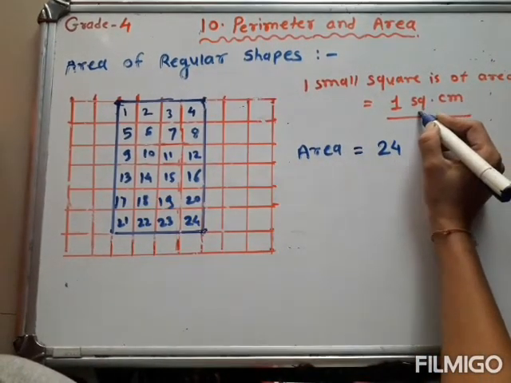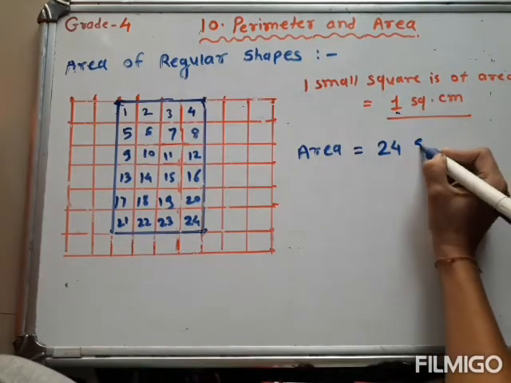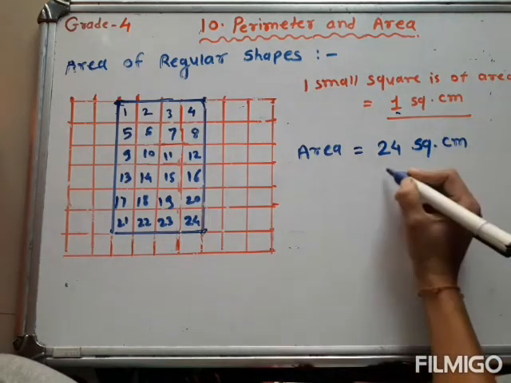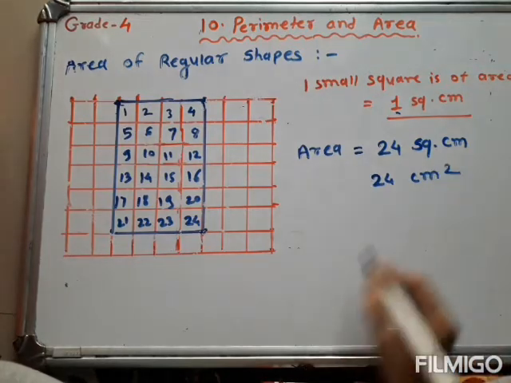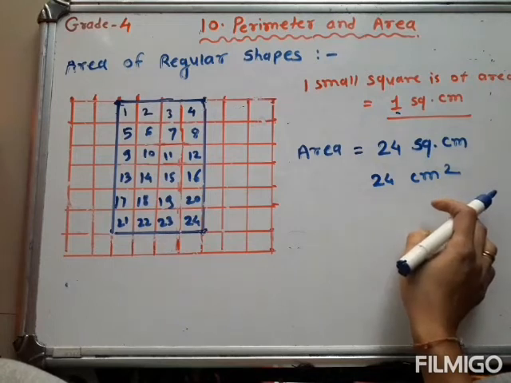It is already given that a small square means 1 square centimeter, so your answer is also in square centimeter, or 24 centimeter square. So the area of this diary is 24 square centimeter.